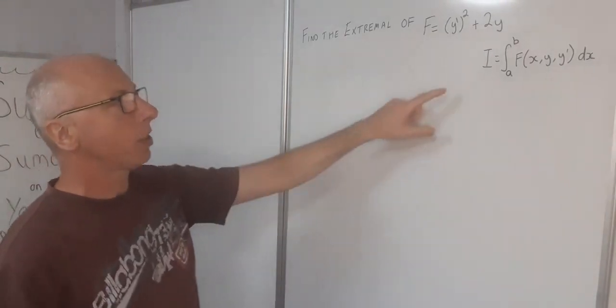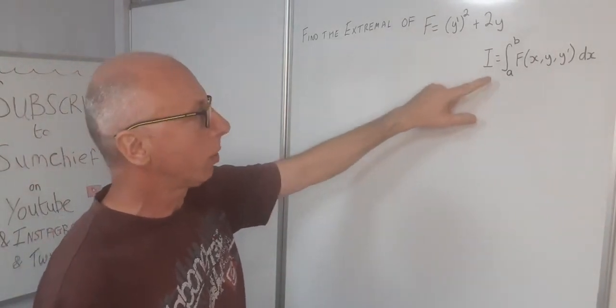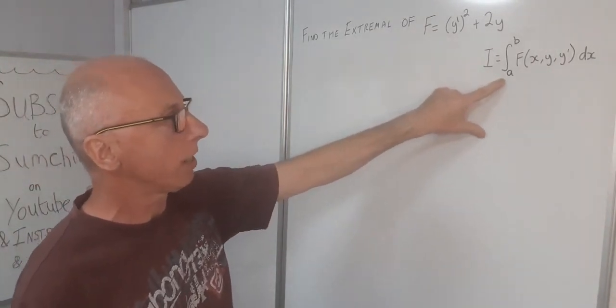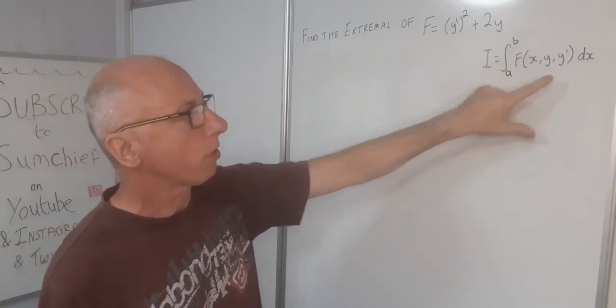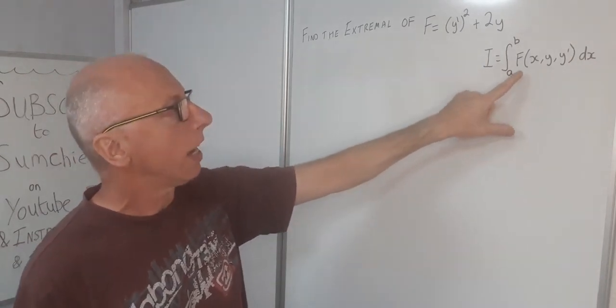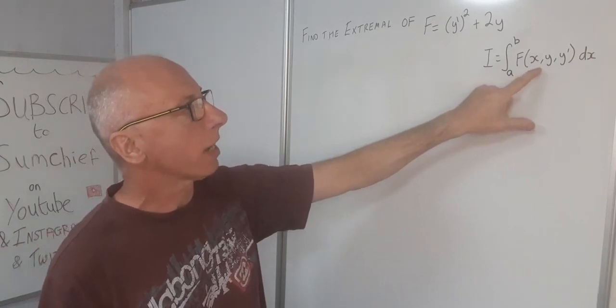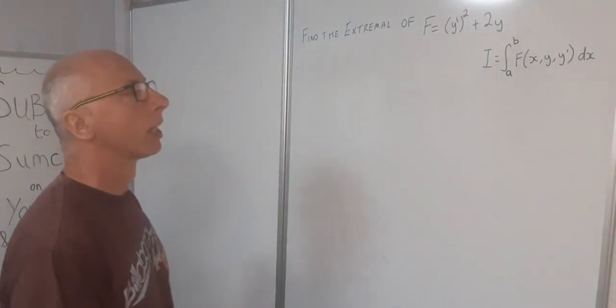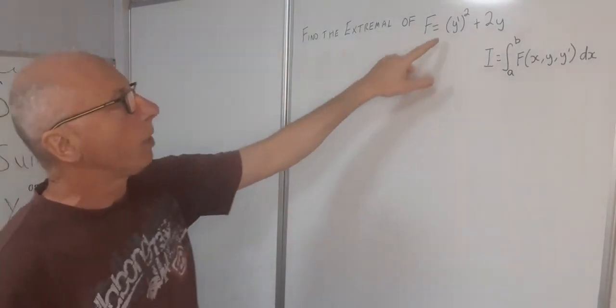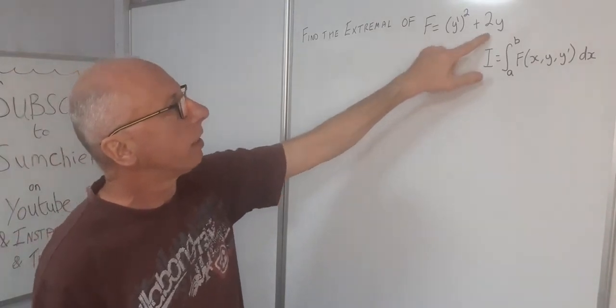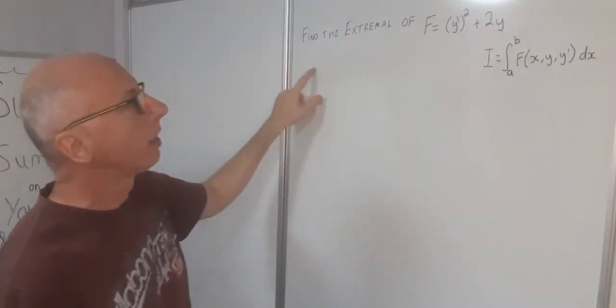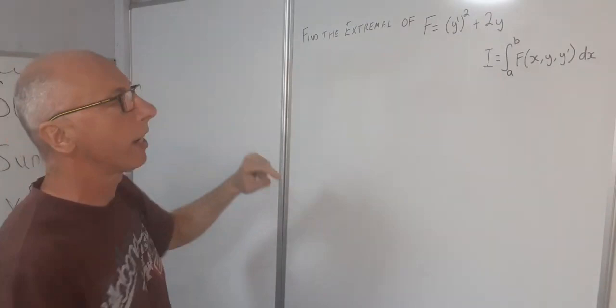Now the standard notation to start off finding our extremal is this one. Our integral is the integral from a to b, integrated with regard to x, of a functional including x, y and y prime. So with this functional, I'm going to input this function in here.